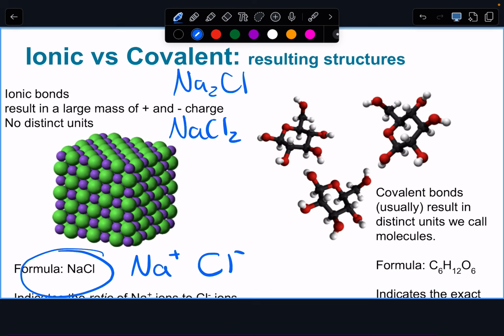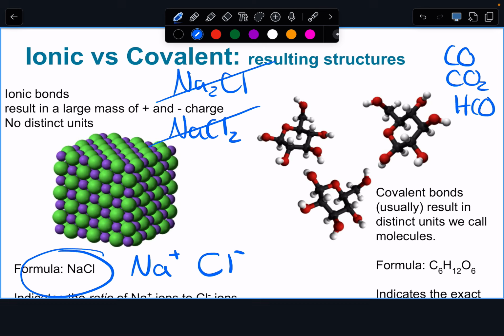Remember, I just showed you these examples of carbon and hydrogen and oxygen that can have all of these different combinations, CO, CO2, HCO, like all these different variations of how carbon and oxygen could bond. NaCl only has one way that it will bond. It's always going to form one Na for every one Cl.